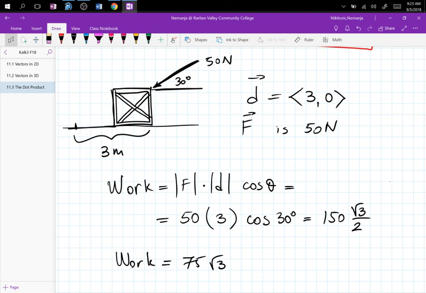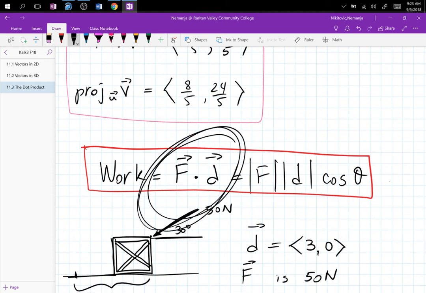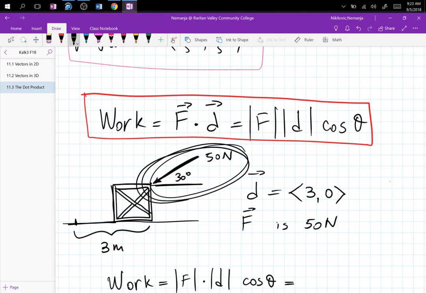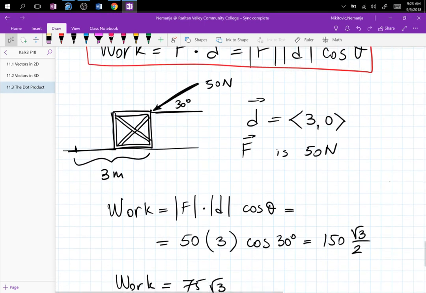Now, if you want to use the other formula, the dot product, to come up with work, you would actually have to combine the given specs on a vector to get a vector. And you can use the i and j components and all of that to put the vector together, but it's just much longer to solve the problem that way.